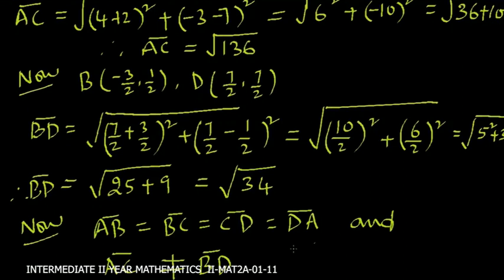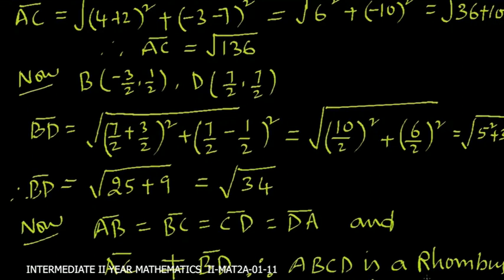So sides equal, diagonals not equal. Therefore, we can infer that ABCD is a rhombus.